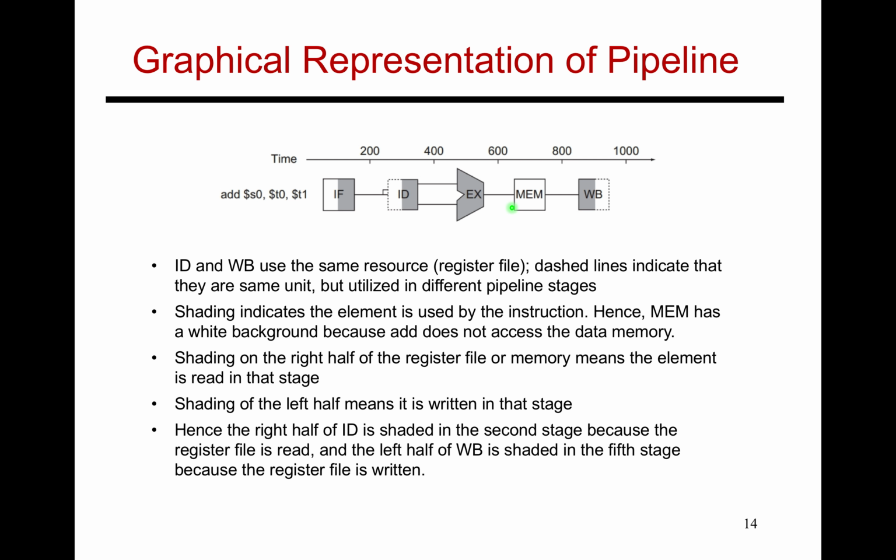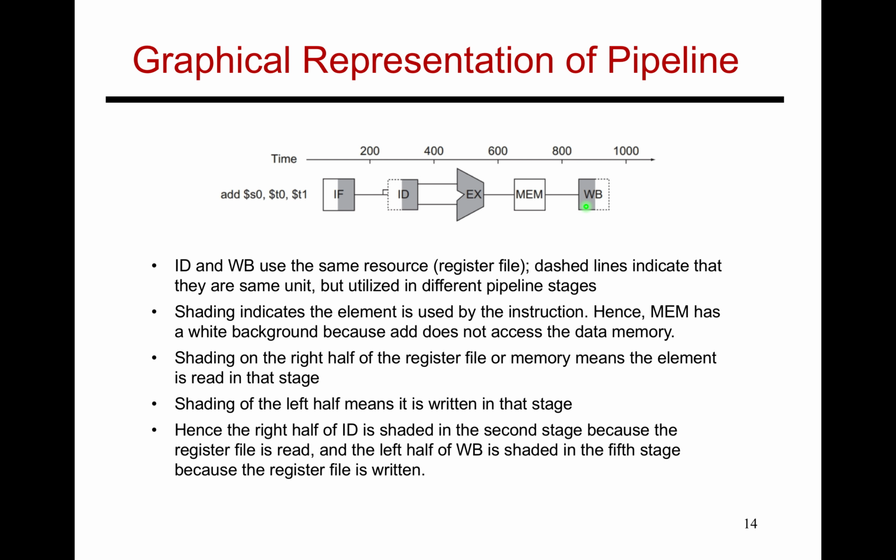And then if there are memory operations involved, we carry them out in the following phase. And finally, we write back the results of either memory access or ALU operations into the register file.